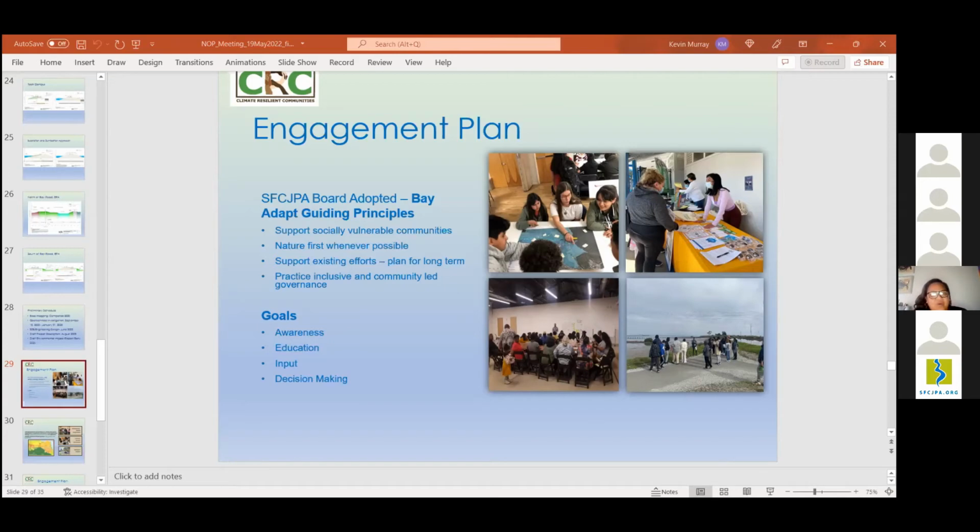Third, gather input. We need community stakeholders' perspectives and lived experiences to help the planning team verify or expand our unavailable information. And fourth, decision-making: encourage and provide opportunities for stakeholders to engage in the decision-making process.